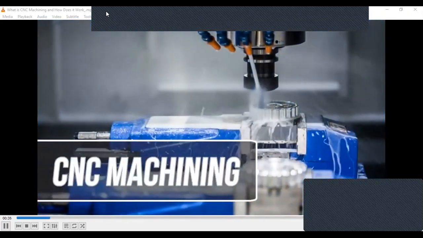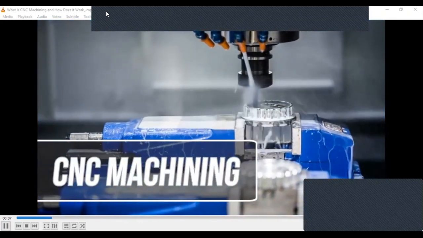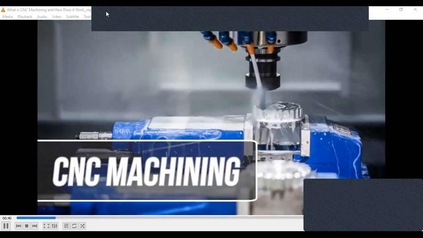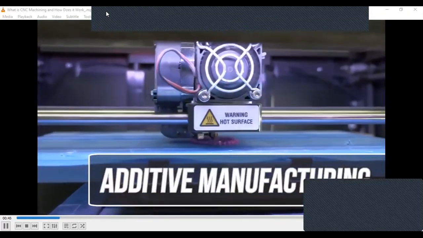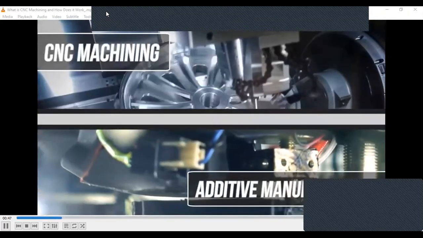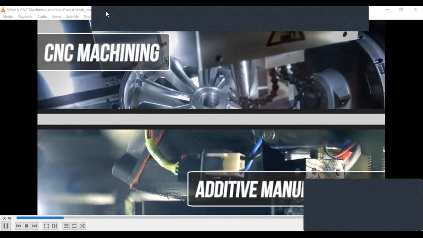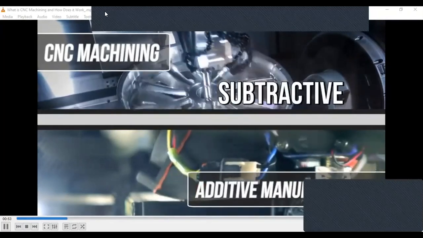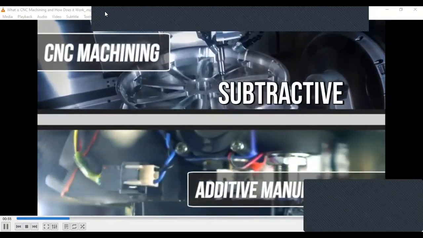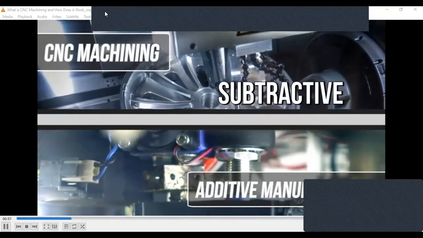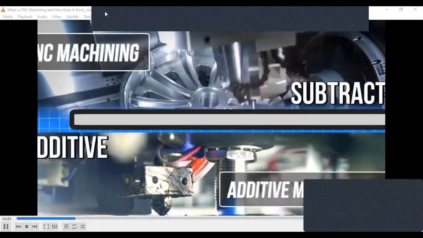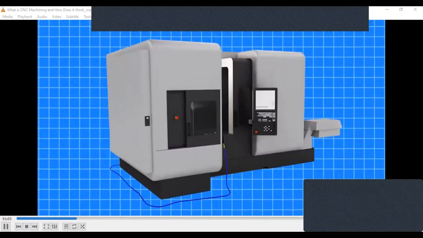CNC machining is one of two ways that engineers, machinists, or makers can generate a physical part from a computer design file, with the other being 3D printing, known as additive manufacturing. The contrast between these two techniques is stark. CNC machining, like other machining processes, is a subtractive process, where material is removed from a stock. 3D printing, on the other hand, is an additive process, essentially functioning in reverse. The first CNC machines were developed in.